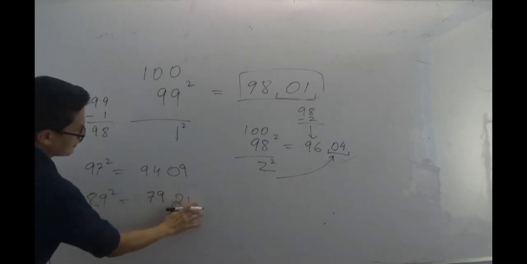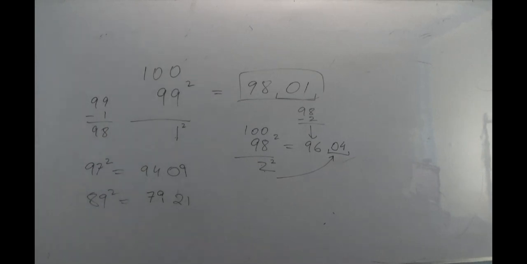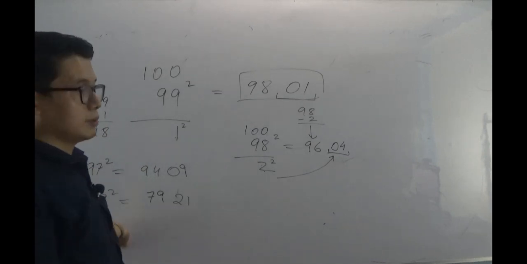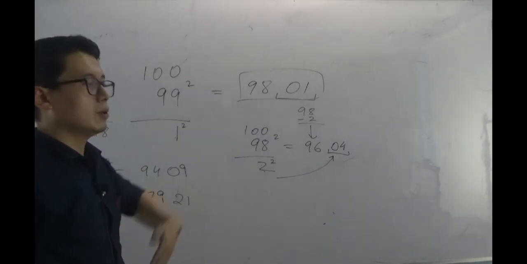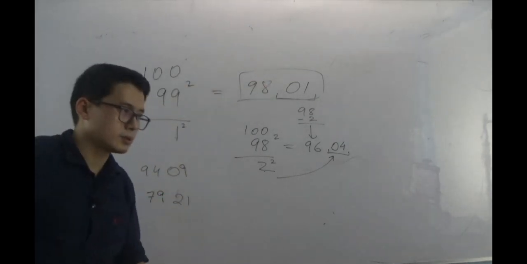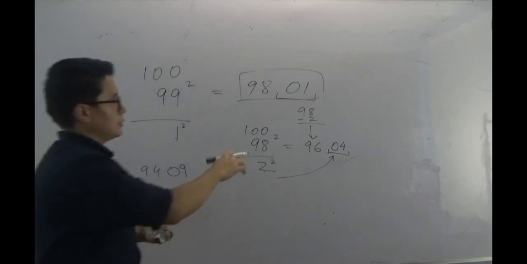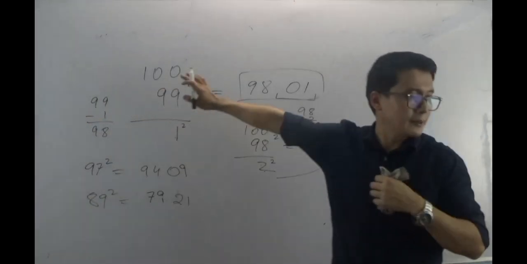So the answer is 7921. If you can remember up till 24 square, the whole 125 over every number's square, once you get used to it, it becomes very easy. Is this fine?